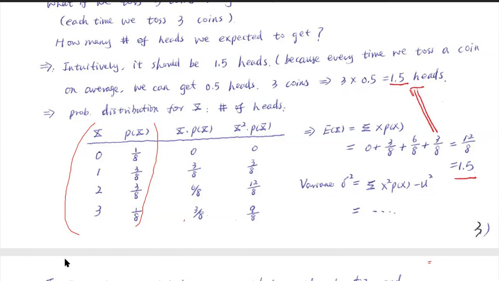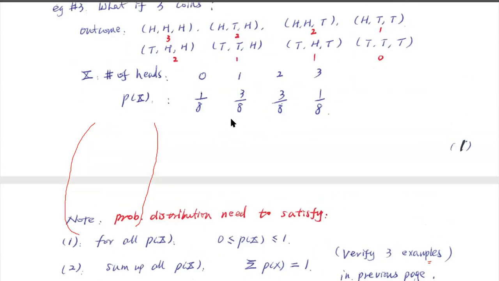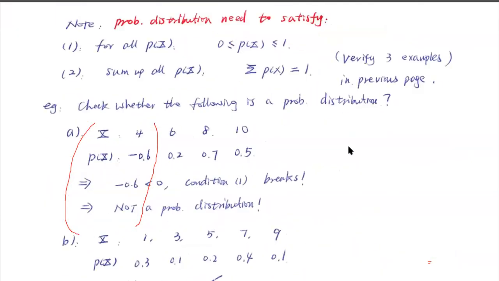If you don't remember, let me quickly go over the one we just learned. I'm talking about this probability here. Now we are putting this table from horizontal to vertical. Then we have 0, 1, 2, 3, and the corresponding probability.